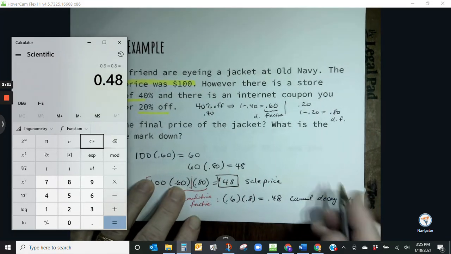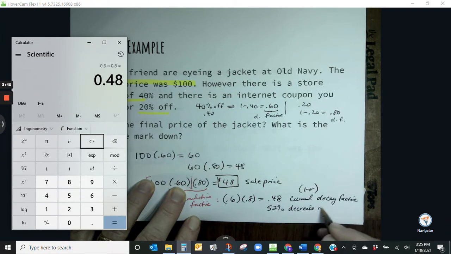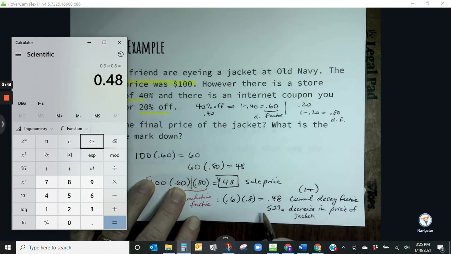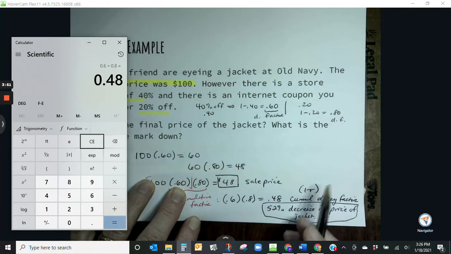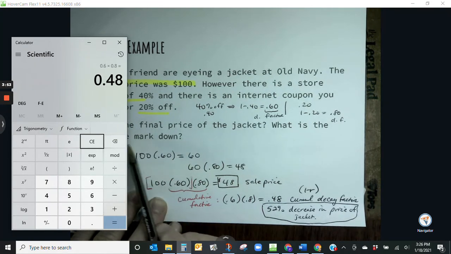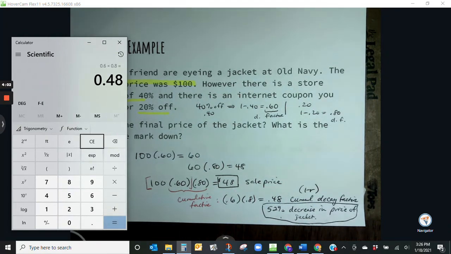Remember, that's 1 minus R. So therefore, it was a 52% decrease in the price of the jacket. So the cumulative markdown was a 52% decrease, a 0.48 cumulative decay factor, and a $48 sale price.